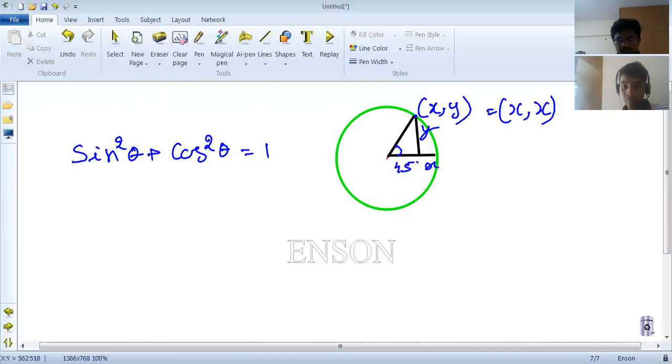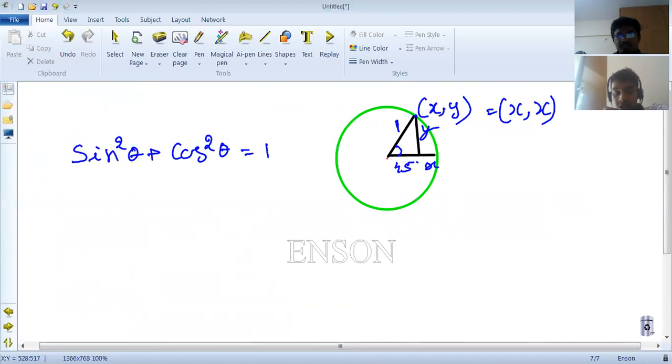And the radius is 1, because it is a unit circle again. You got it? Any queries? Why did I take x comma y as x comma x? Why is y equal to x?